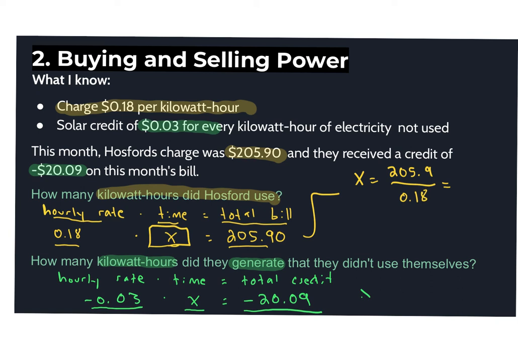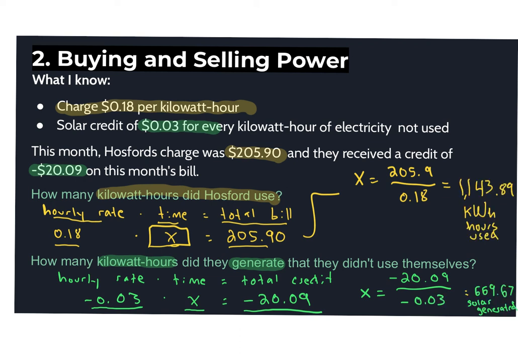That means my X, or that time, is going to be the total credit, 20.09, divided by the credit per hour, negative 0.03. When I do those calculations, that means Hosford, not me, Hosford used a total of 1,143.89 kilowatt hours and generated 669.67 solar hours.